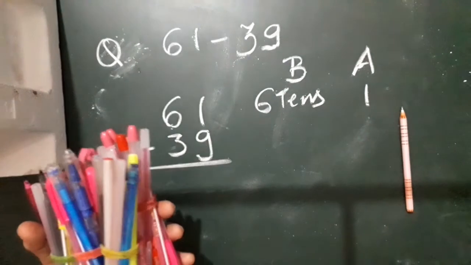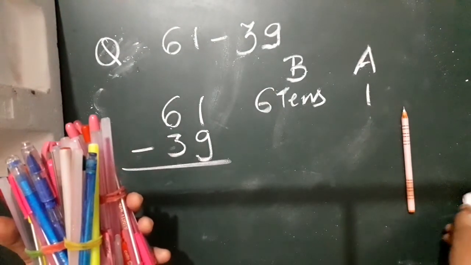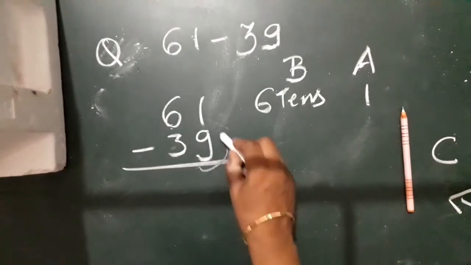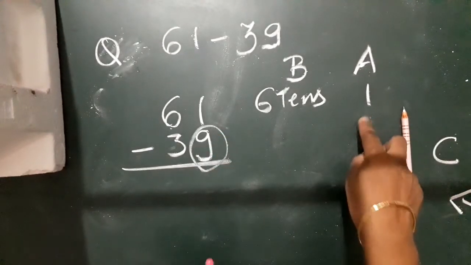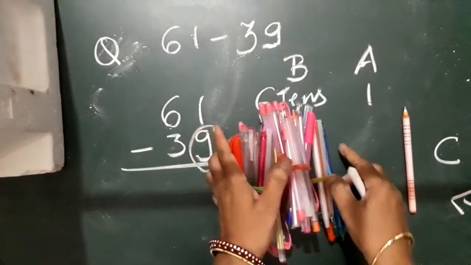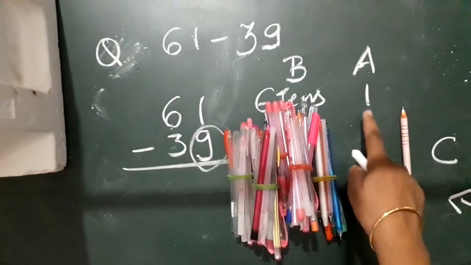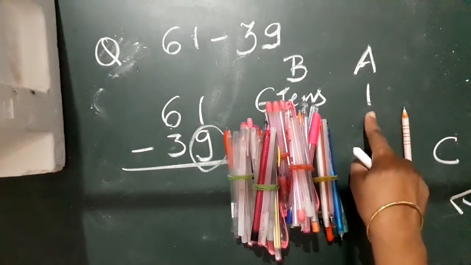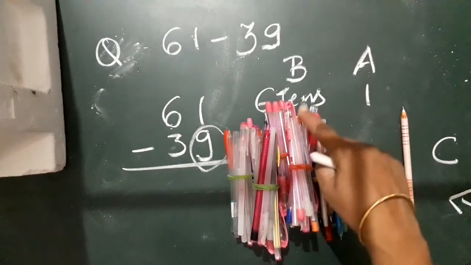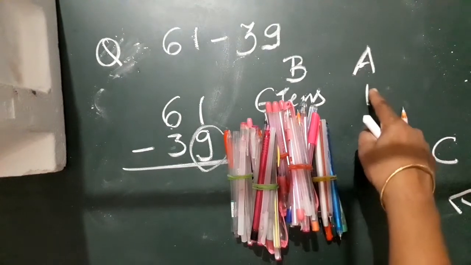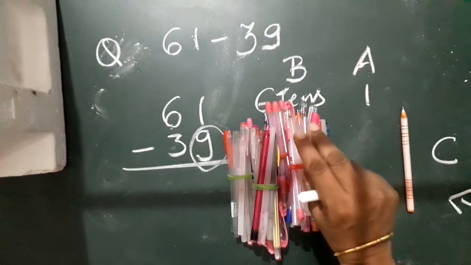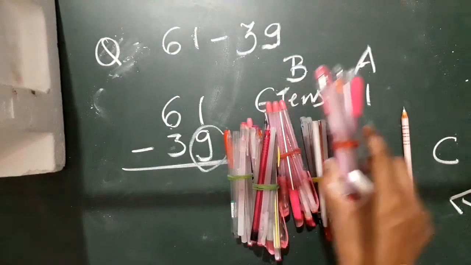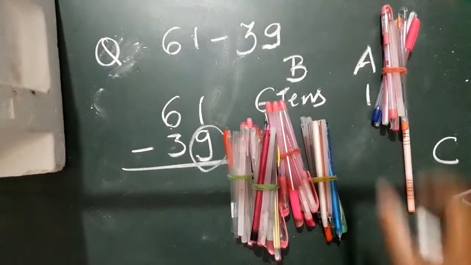Now C person comes to him and asks for 9 from person A. Now A is unable to give 9 pens because he is having only 1 pen. So he will go to the next door, that is, he will go to person B and ask for 1 bundle. So B person is giving 1 bundle to A.